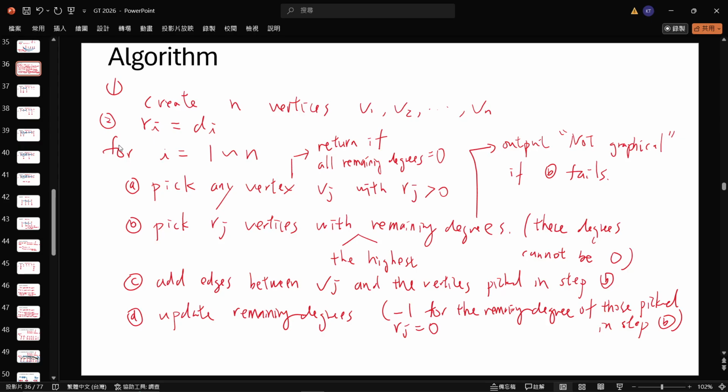And then the rest is easy. We just add edges between the vertex we picked in step A and its neighbors, okay? So that's how we solve the graph realization problem.